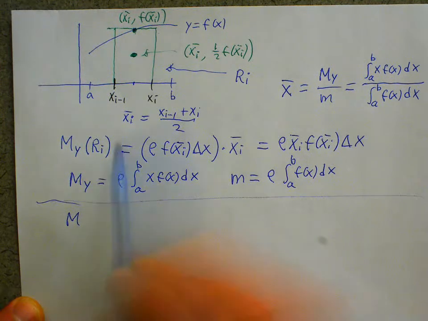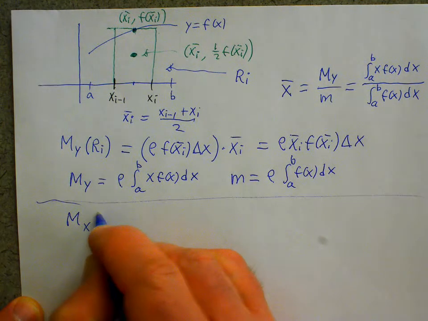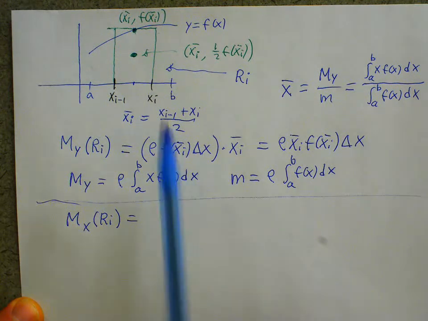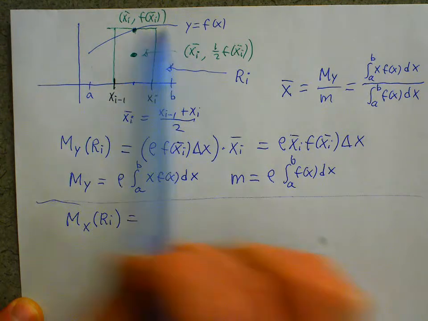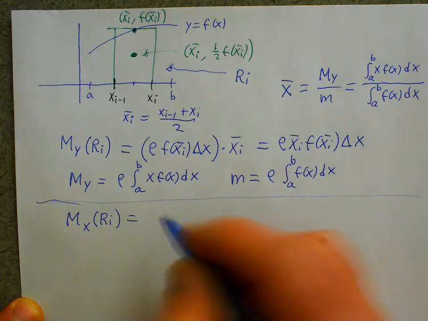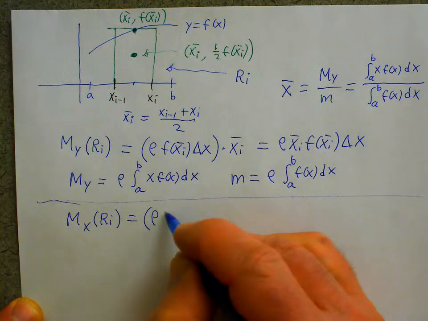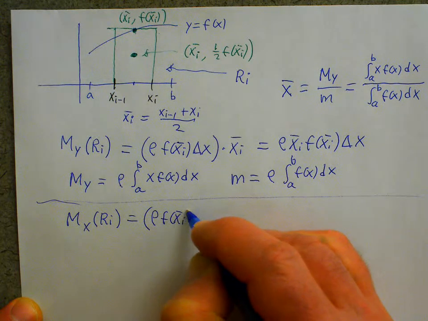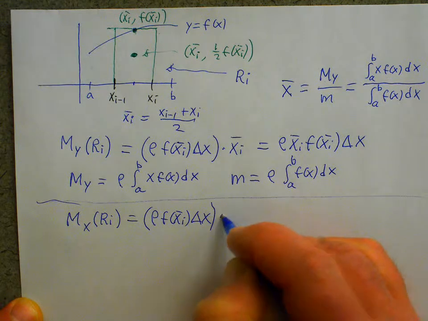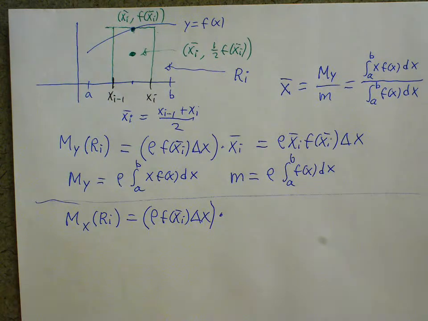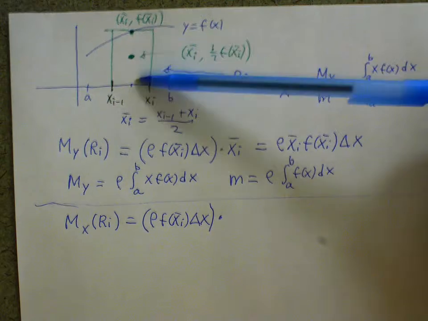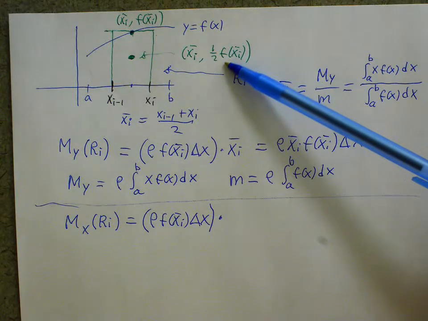The moment of the rectangle R sub i about the x-axis is going to be the mass of the rectangle, which is the same as beforehand: rho times the area, f of x sub i bar times delta x, multiplied by the vertical distance from the center of the rectangle to the x-axis. And the vertical distance is 1/2 f of x sub i bar.